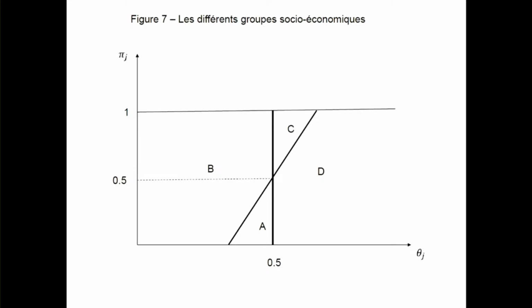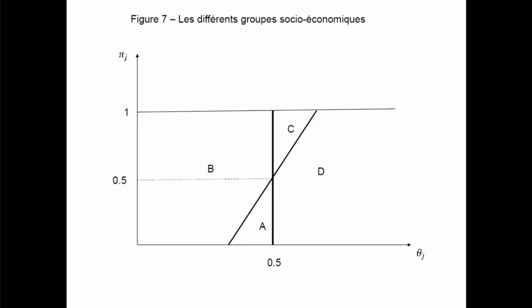Everybody on the right will support flexibility, and everybody on the left will support rigidity. If people expect rigidity, then the frontier is this upward sloping line here, which tells you that, if I am richer, I am more likely to support flexibility, but if my social network goes up by enough, I will still support rigidity. So this line is upward sloping.